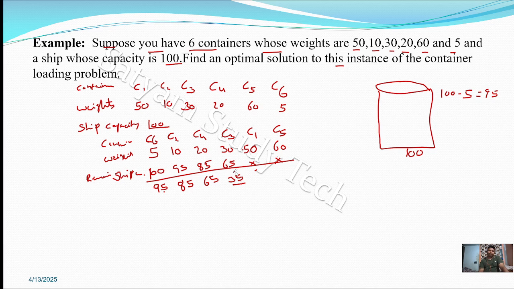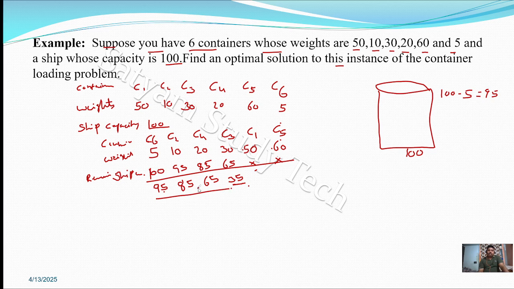For example, if we take 60 for C5, then 30 for C3, that is 90, plus C2, we can take only 3 containers into the ship. But by applying the greedy method we can take 4 containers.